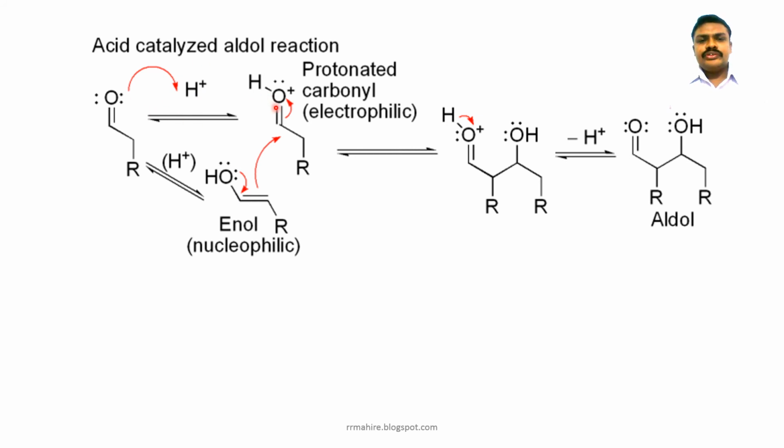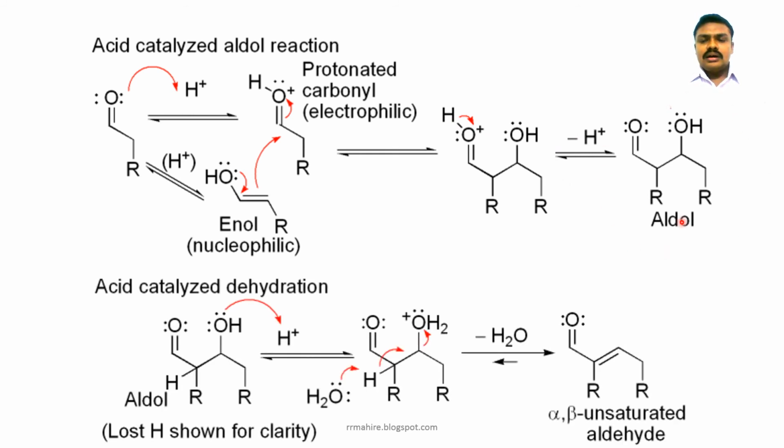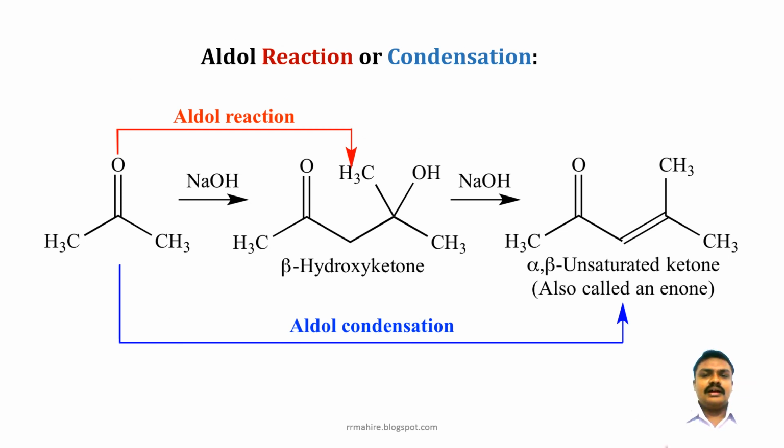After the protonation this carbon becomes more electropositive, so it can be attacked by the enol form of another aldehyde and we get the intermediate like this. By the removal of this hydrogen we get simply the aldol, and this aldol, by the removal of a water molecule, gives the condensed product, that is the alpha beta unsaturated aldehyde.